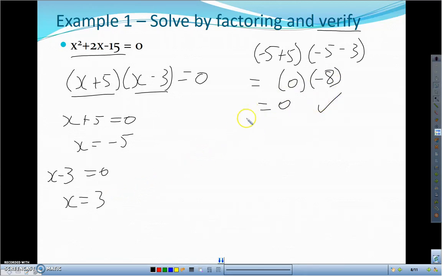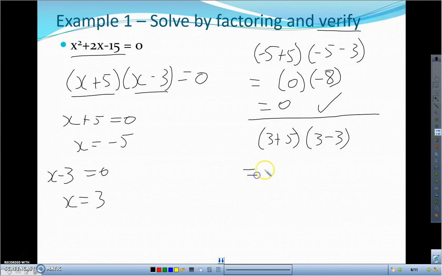Now if x is equal to 3, this is a second check. 3 plus 5, we're substituting in that x is 3. 3 minus 3. This is going to be equal to 8 times 0. 8 times 0 is just going to be 0.